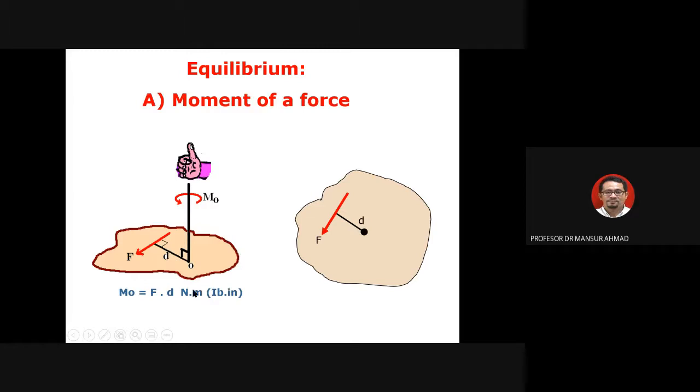So this is the unit in metric, this is the unit in customary. You can put this as Newton dot meter or Newton dash meter pun boleh. So the way you read it is Newton meter or pound inch. Again, dash boleh, titik pun boleh.